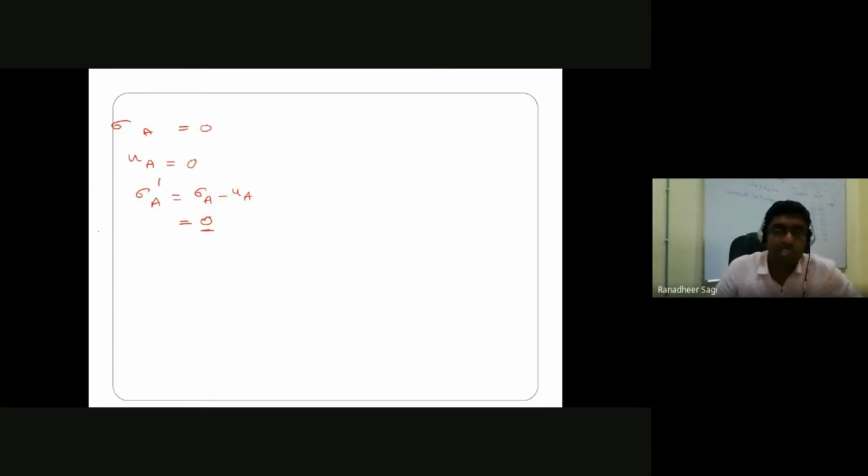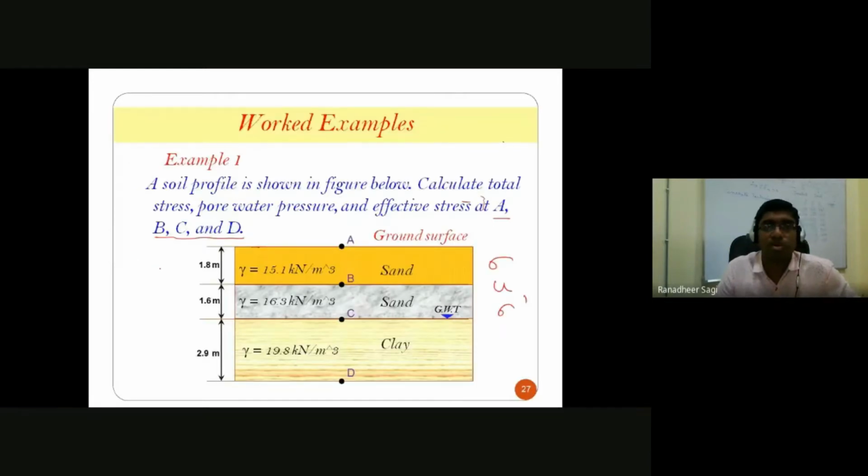Now likewise, let us go ahead in calculating how much is my total stress at point B. If I want to understand the total stress at the point B position, that is at this depth position, the soil which is over and above the position of point B is going to contribute to estimating the total stress at point B. And that soil has the unit weight 15.1 kilonewton per meter cube over a depth of 1.8 meter.